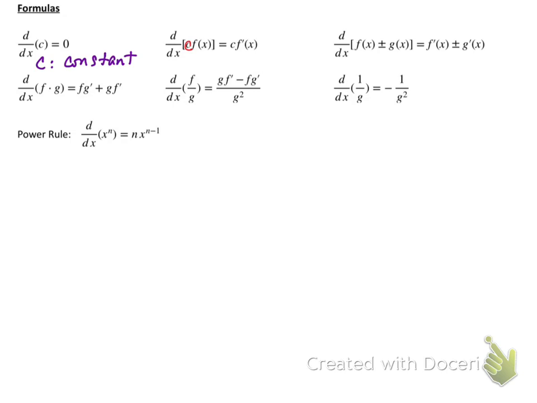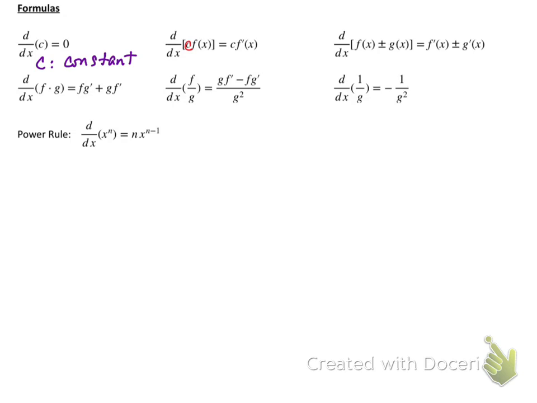Similarly, the derivative of a sum or difference will be the sum or difference of the derivatives. So when you multiply by a number, or you add or subtract two functions, and you want to get a derivative, you can push the derivative inside onto the core functions, f of x and g of x.